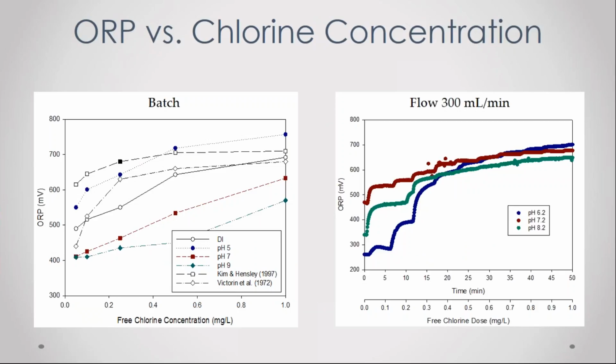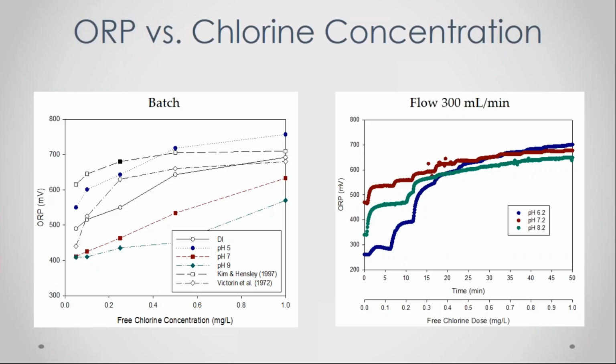First we looked at these samples in a batch scenario, and that's over here. You can see that the ORP values increase semi-linearly, and these trends are very similar with works from other literature. And you can see down here is pH 9, this was pH 7, and this is pH 5, just because we wanted to get a really broad range of pH.